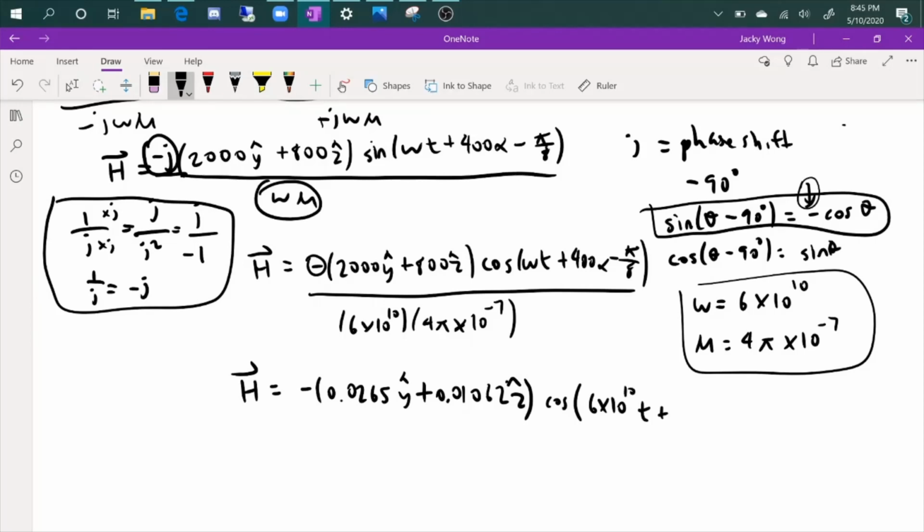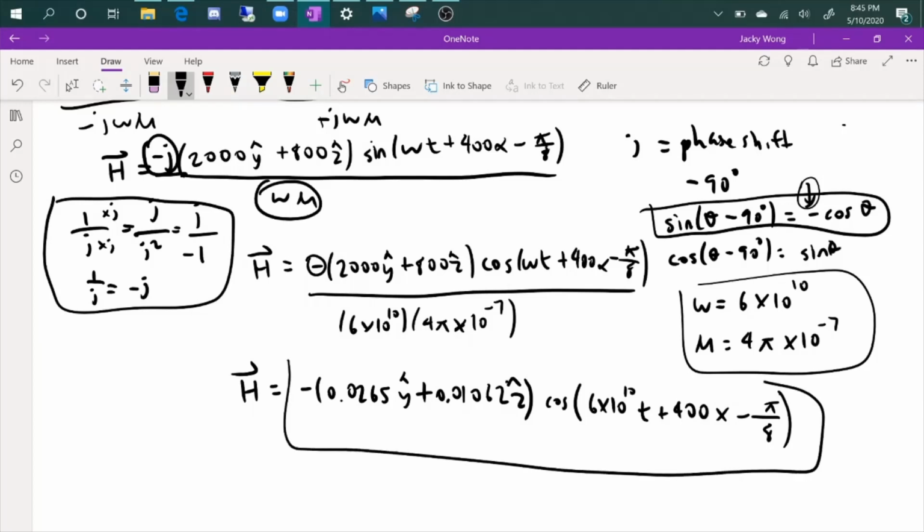This is the final H field answer, with the units amps over meters.